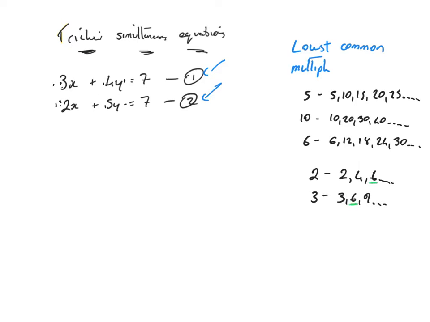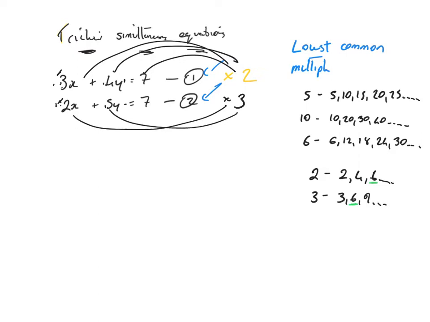So what we look to do then is to scale the equations up to the lowest common multiple. So we want to get 3 up to 6 and 2 up to 6. So to get 3 up to 6 we'd need to multiply equation 1 by 2. So everything in equation 1 then gets multiplied by 2, and to get from 2 up to 6 we'd need to multiply equation 2 by 3.